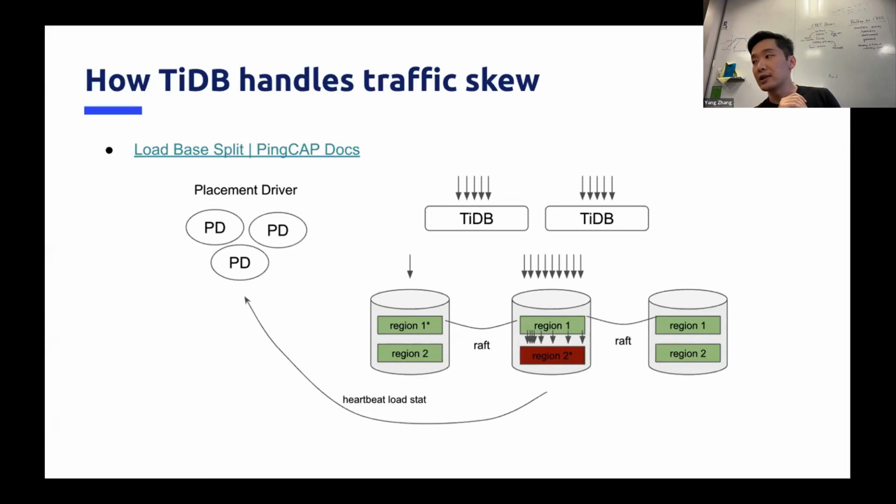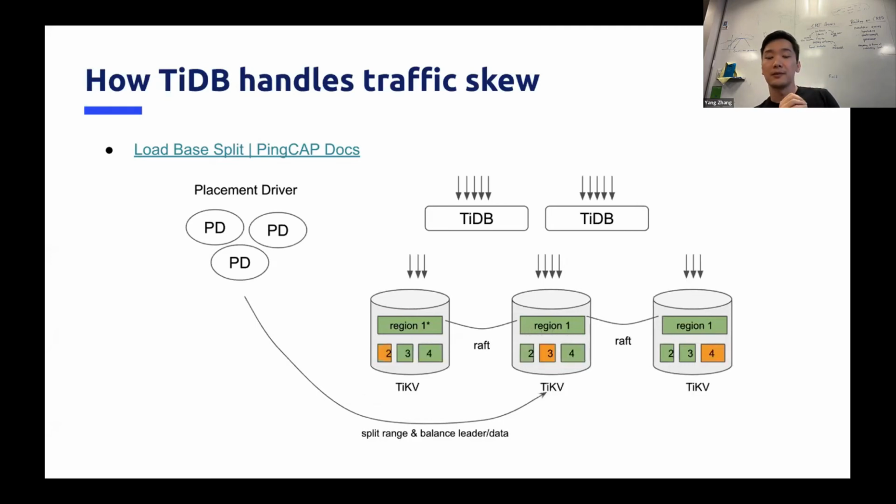For example, if a specific shard is receiving a lot more requests than others, what we do is split this specific shard into smaller shards. Then we can evenly distribute the leaders of these shards to different servers, so that we can utilize all the servers' resources. Now the hotspot issue is mitigated or resolved.